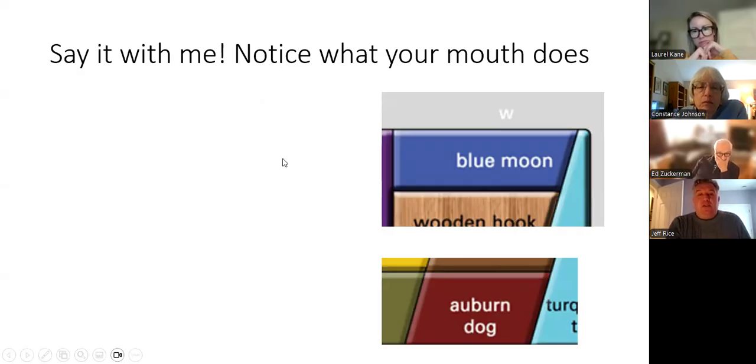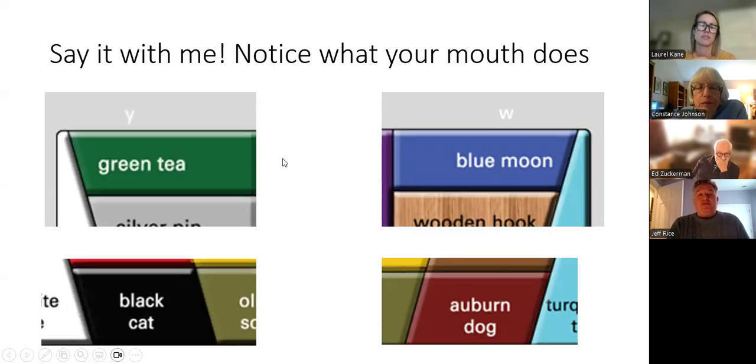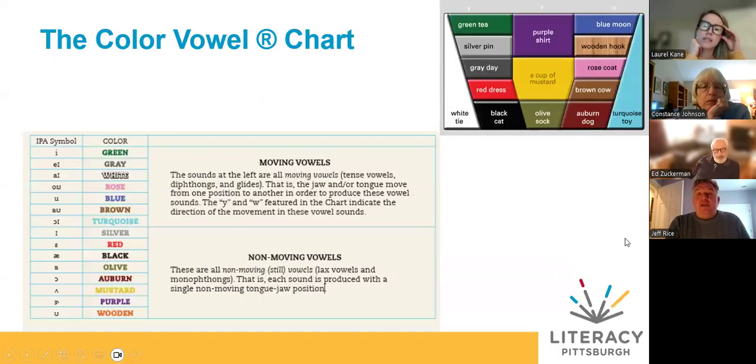So you can see the four corners of the chart, so to speak. Green tea, wide mouth, blue moon, rounded lips, but in both cases your chin doesn't go down very far. Black cat, auburn dog at the bottom, your mouth opens much wider. So that's mapping out the vowel space generally.